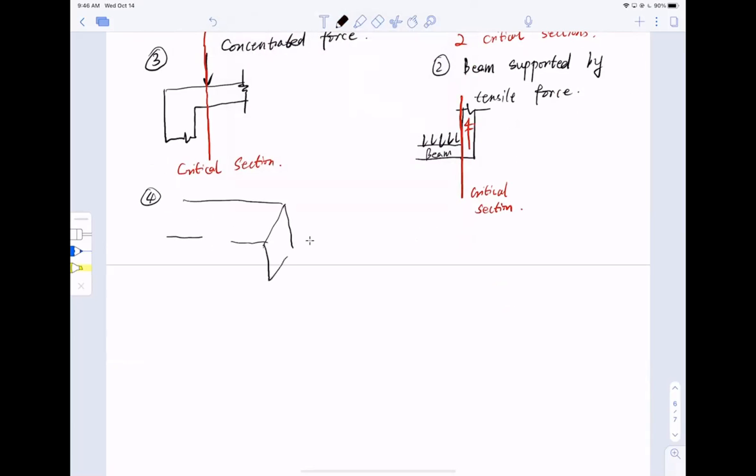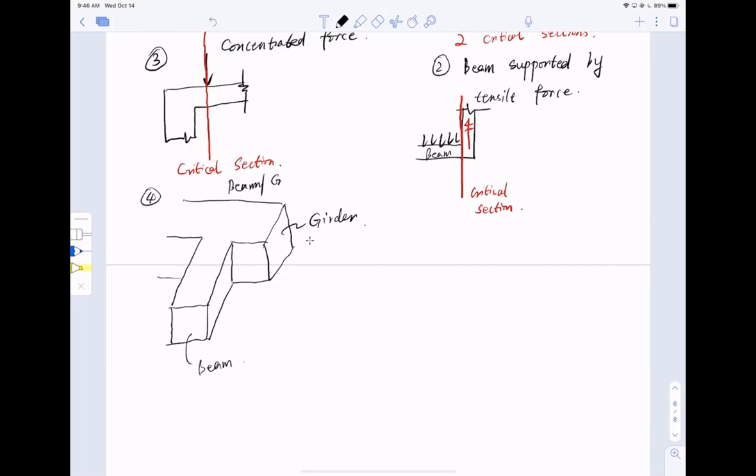This is my girder, and the other one is a smaller beam, something like this. So two beams across, and this is the girder. This is called the beam girder intersection.